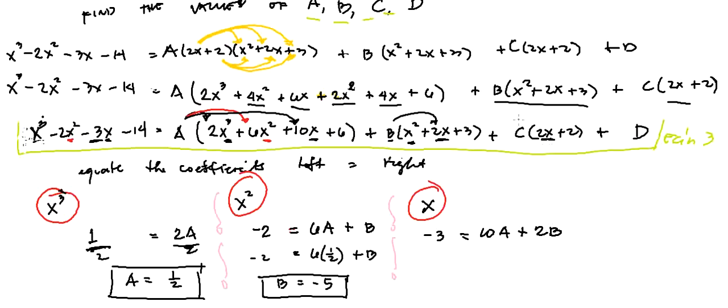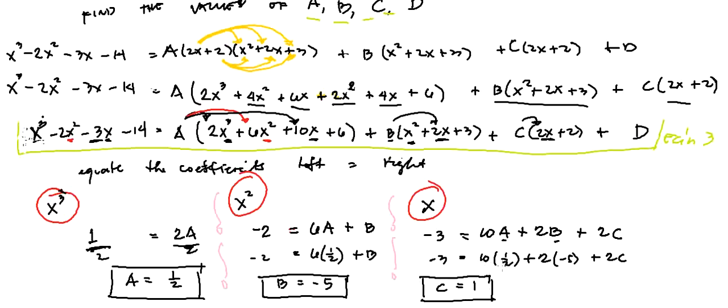And we have also x here, so we have 2c, right? So from here, by substituting the values of our a and b, we have 10 times 1/2 plus 2 times negative 5 plus 2c. So simplifying this, our c is equal to 1.